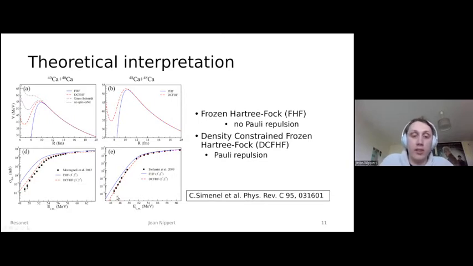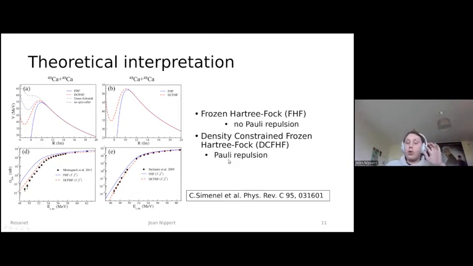Here you see that the blue curve didn't reproduce the data, while the red curve is pretty good at reproducing it. And for calcium-40 plus calcium-40, it's still better than the frozen Hartree-Fock theory, but the density constrained frozen Hartree-Fock still misses something because you can still see a little bit of discrepancy.